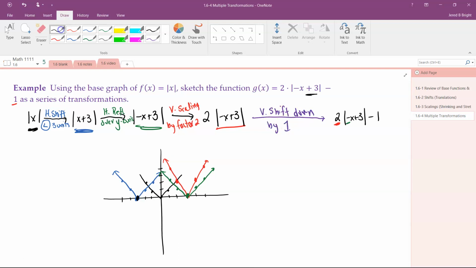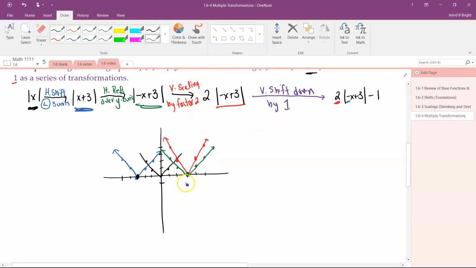Okay, so then you can imagine what this is going to look like. It does look a little bit messy. So here we are up at 2. There we go, and then this just shifts down 1 and down 1. And then I'm just going to indicate final graph.